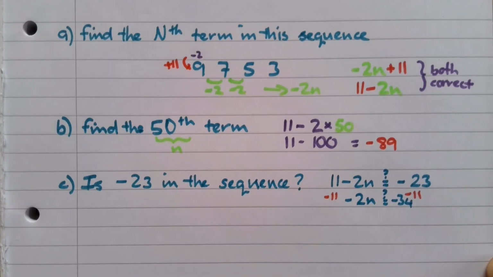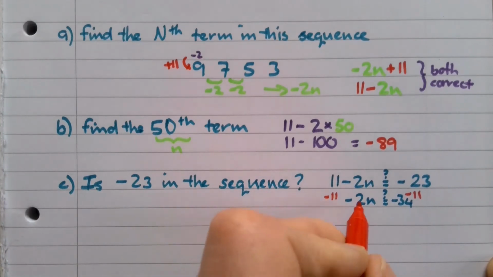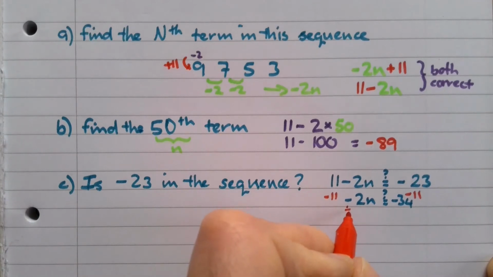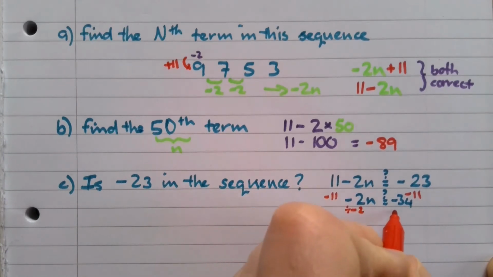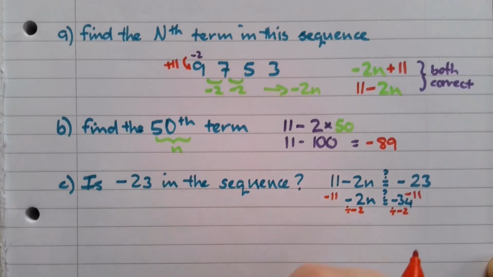So now we need to do the opposite of multiplying by -2, which is dividing by -2. So how many -2's in a -2? There's 1, so that's an invisible 1 because it's algebra. Is that equal to -34 divided by -2?